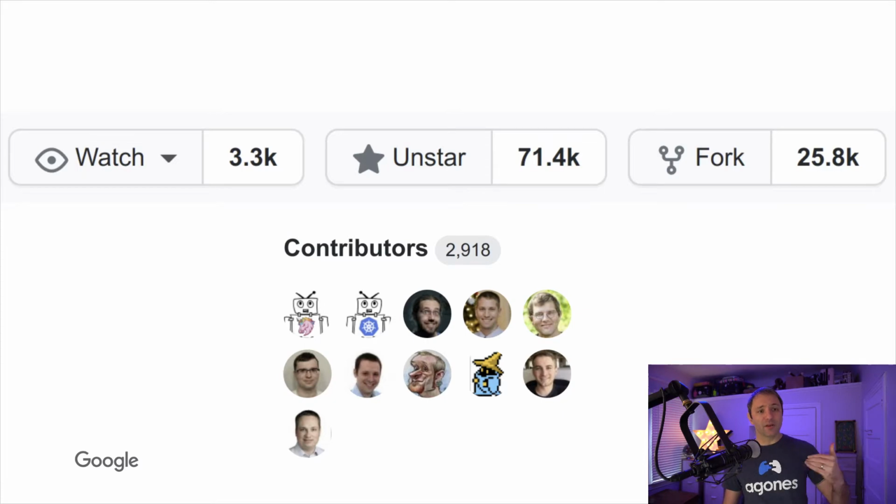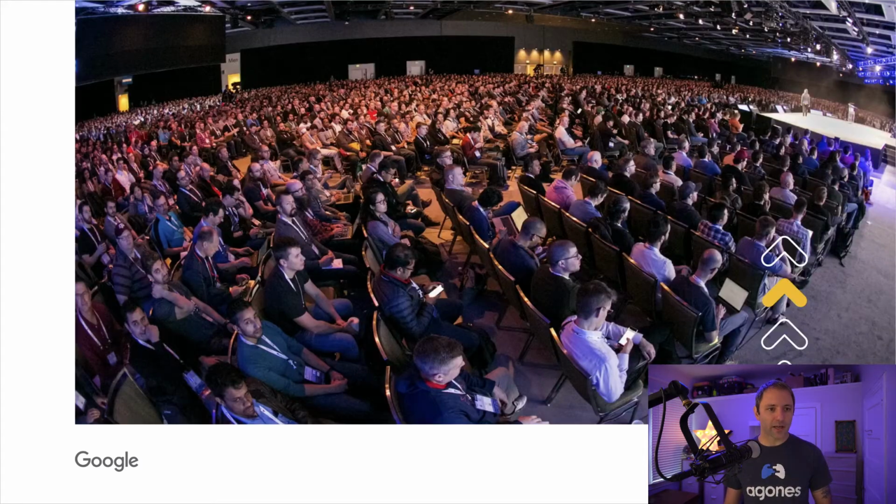And to go maybe even one step further, to see how big open source is in wider tech, this is a conference. We remember conferences. I don't know if everyone remembers them, back in the day when we could all gather in one place at the same time. But this is the Cloud Native Computing Foundation. They are an organization in the Linux Foundation, and they manage about a dozen projects, one of which is Kubernetes, which we were just talking about previously.